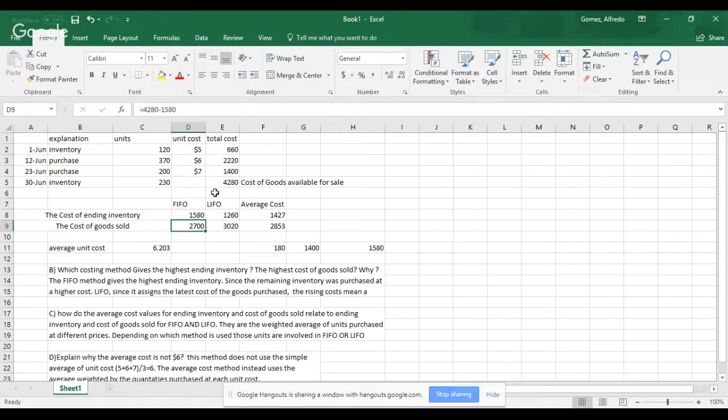So we subtract our 1580 from 4280 to give us 2700, which is the cost of goods sold for first in, first out.